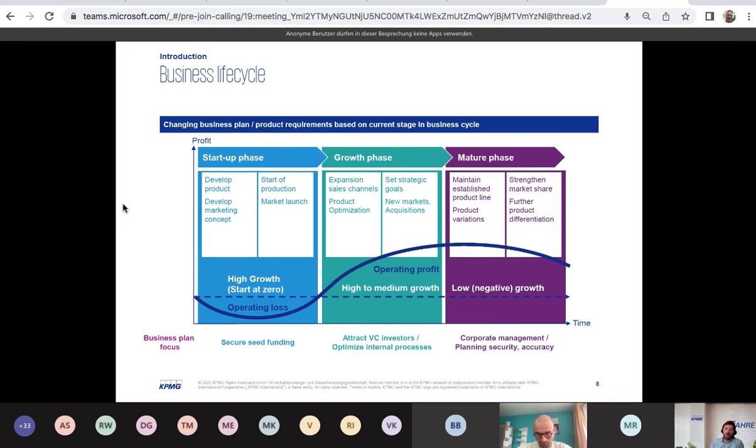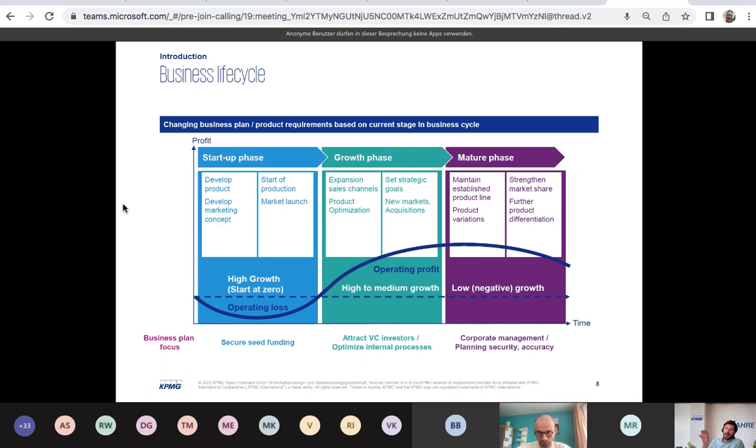So it's always important to remember which stage of the life cycle you're in, because, for example, in the next stage, you would then have operating profits, and you would see the expansion of your sales channels, product optimization, and so on. You will set new strategic goals, expand to new markets, and so on.